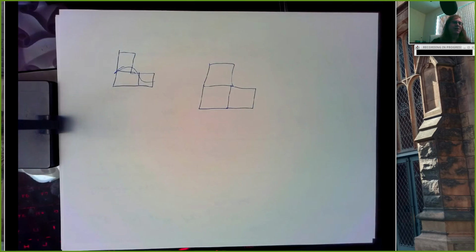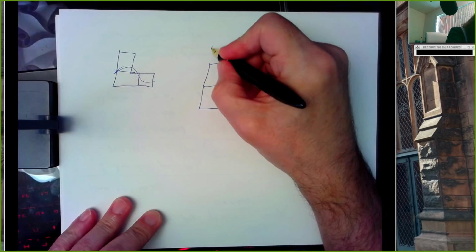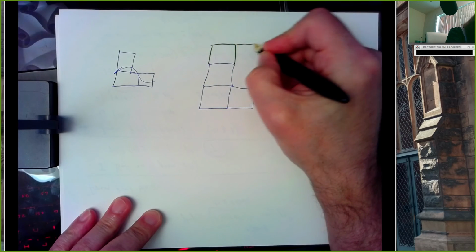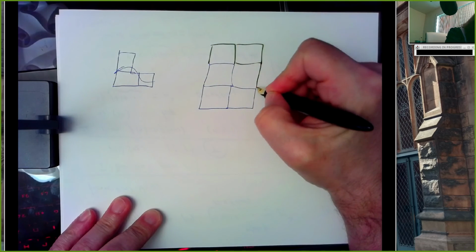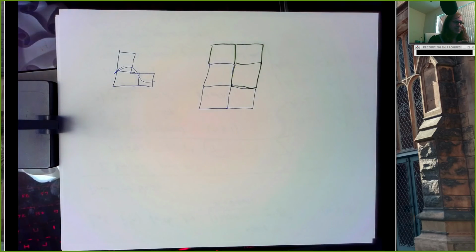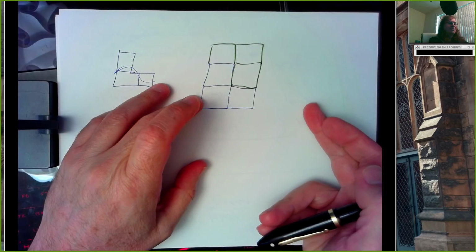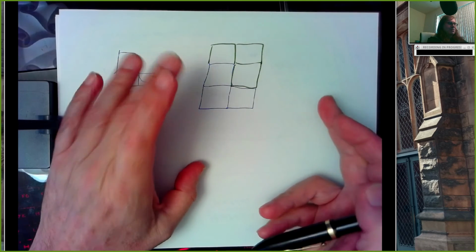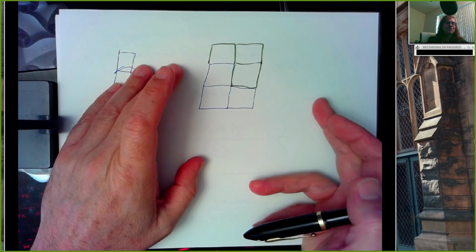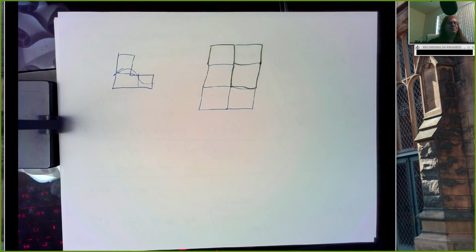I can take 2 of these pieces and put them together like this. And I could get a nice little 2x3 area covered. And I could do that twice and cover a 3x4 area. And so on. But the question is, can I tile the floor of my room using just these L-shaped pieces?